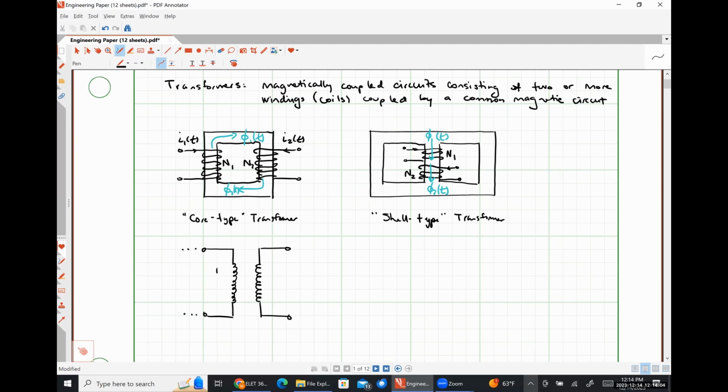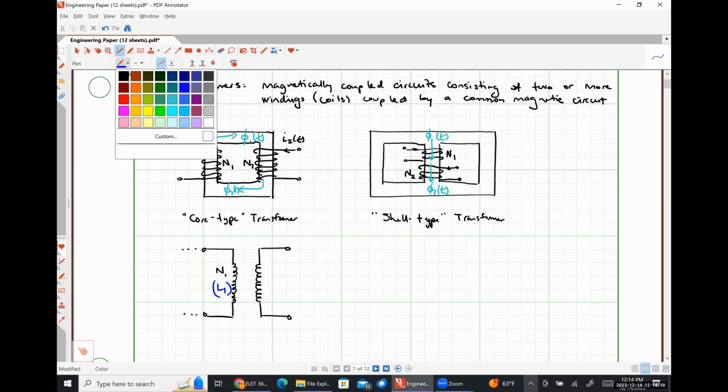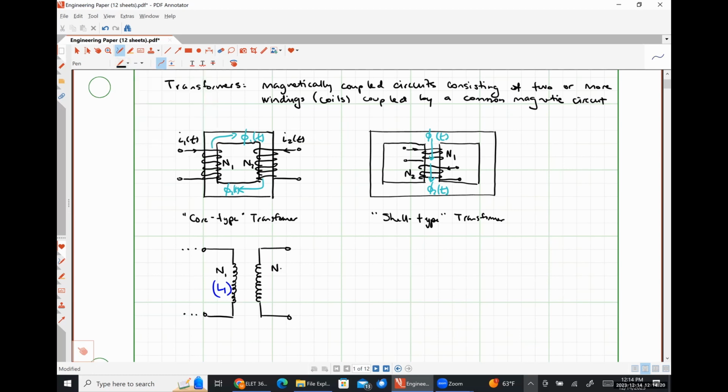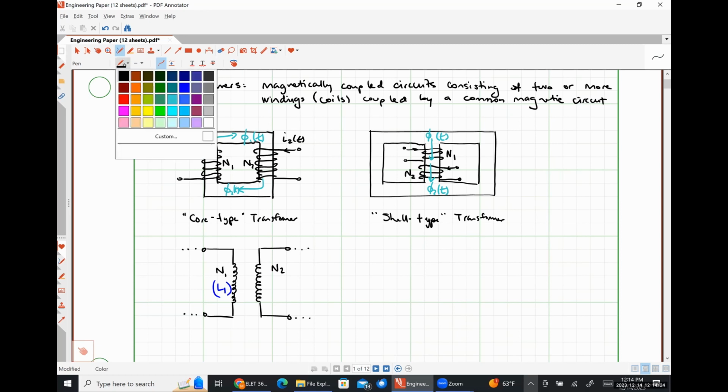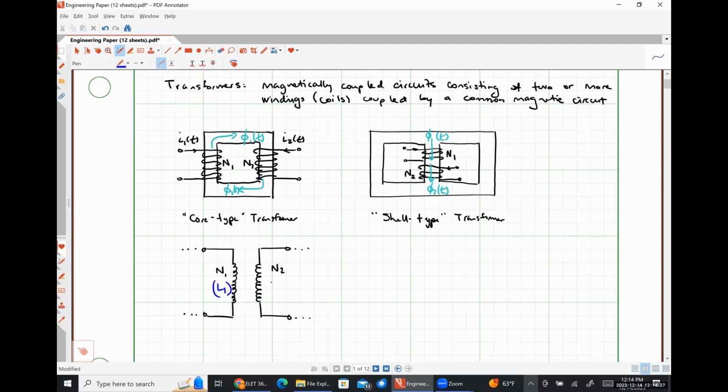We may be told the number of turns for the coil on the left-hand side, or alternatively the inductance of the coil on the left-hand side. We may be told the number of turns for the coil on the right-hand side, or the inductance for the coil on the right-hand side.